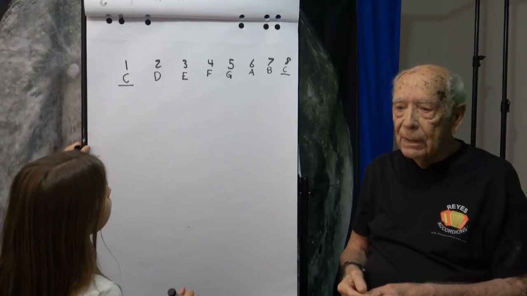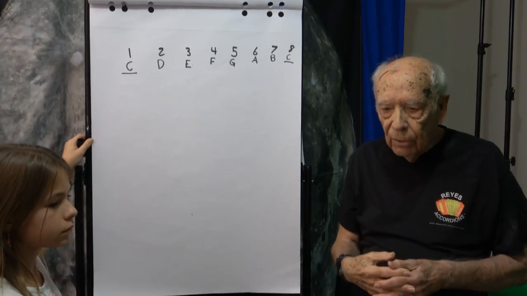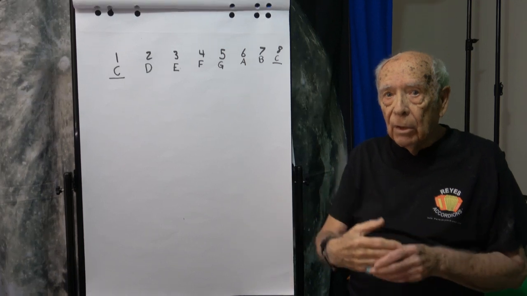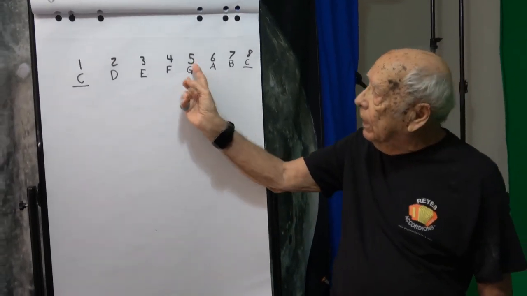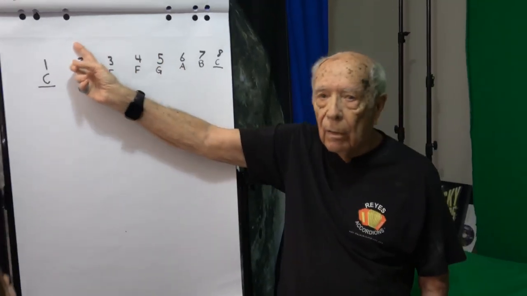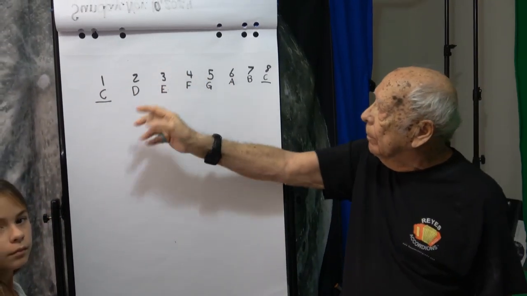Okay, the problem is there are different kinds of scales and instruments. The accordion, for example, we have diatonic accordions and we have chromatic accordions. So this is a scale. First of all, we have the pentatonic scale, 1, 2, 3, 4, 5. We have songs that are written in a pentatonic scale, okay?